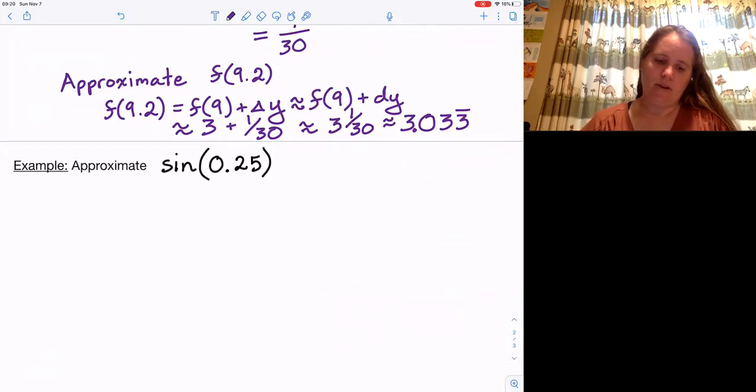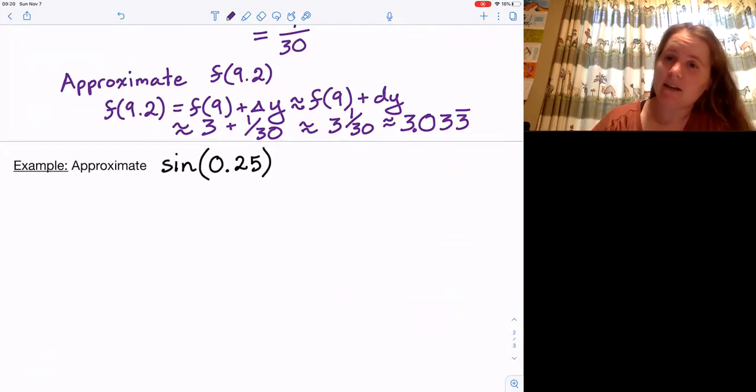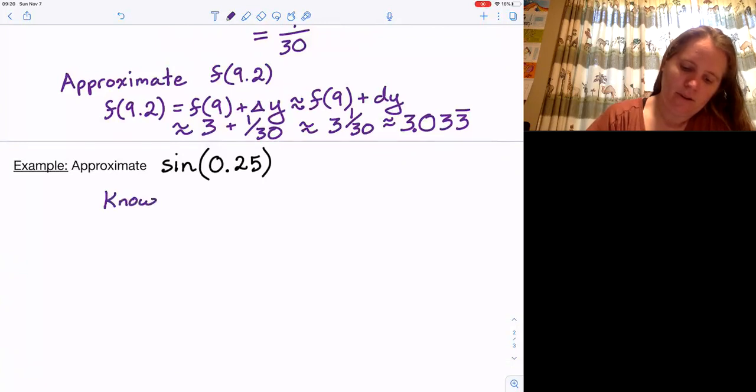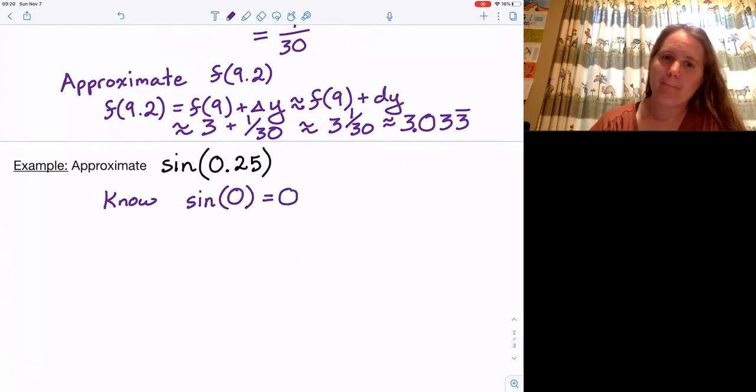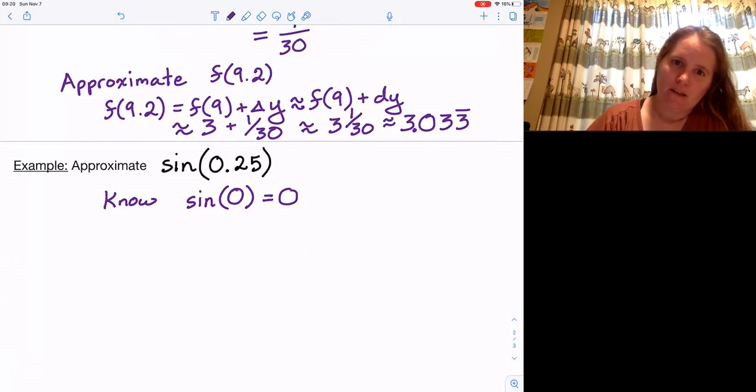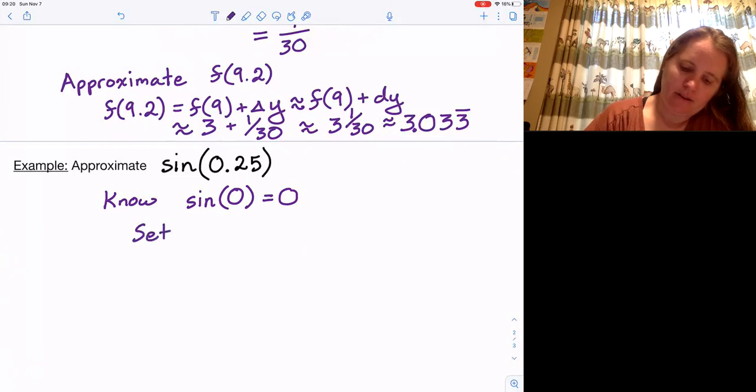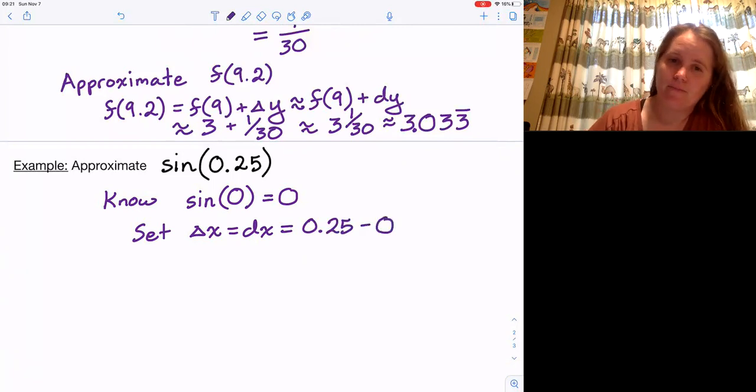So again, we want to approximate sine of 0.25. So we know that sine of 0 is equal to 0. And then we'll set the change in x, dx, to be 0.25, our new x value, minus the known 0.